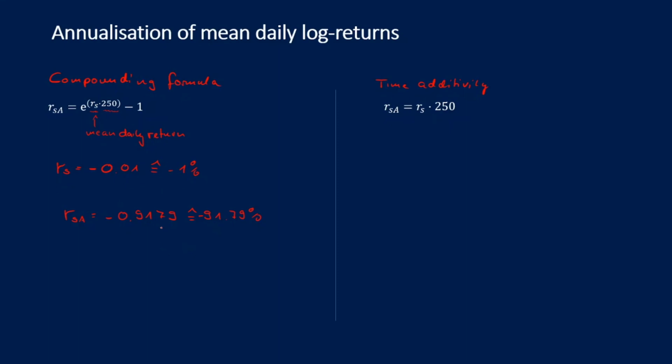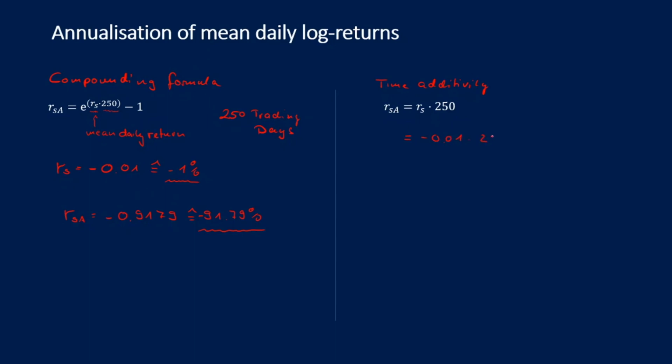Or in other words, if this company loses on average 1% a day, after a year, 250 trading days, I have to write that down, I guess, 250 trading days, that's the reason for the 250. So after 250 days, this company will have lost 91.79% of its value.